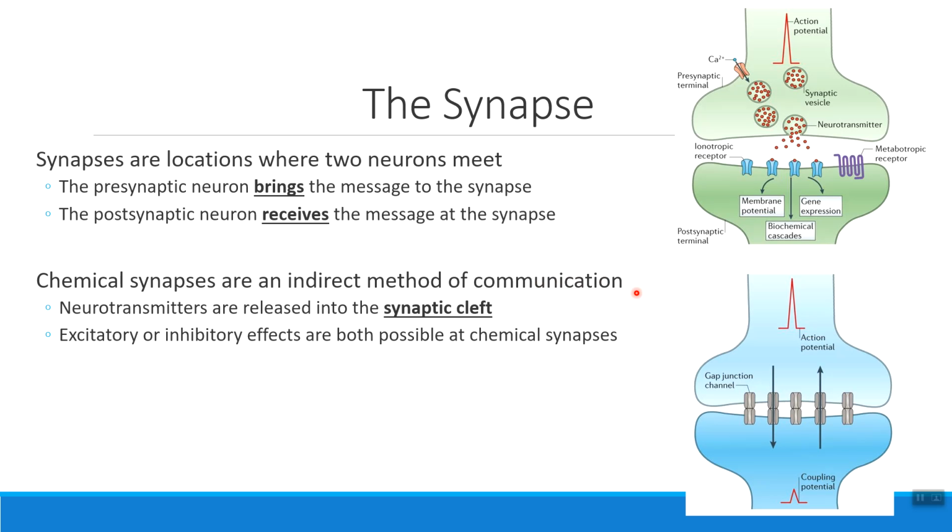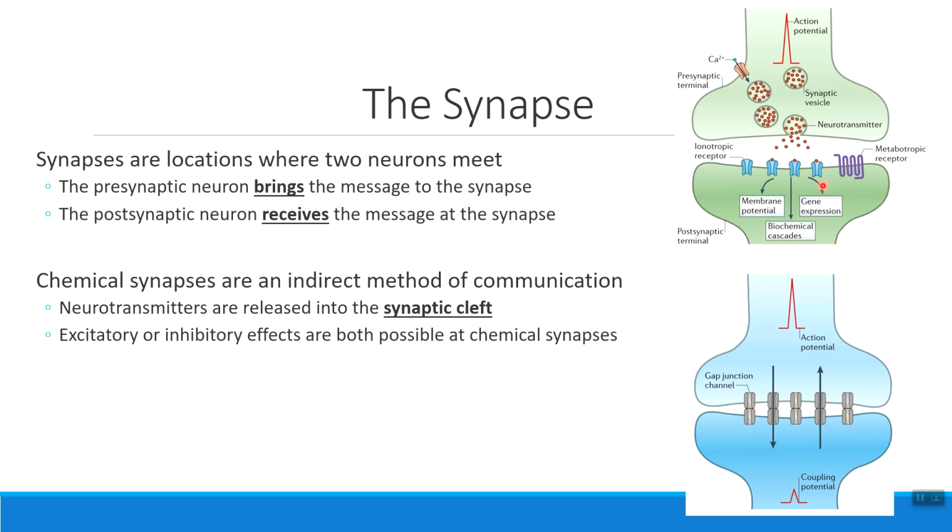We can give both excitatory and inhibitory effects at a chemical synapse. And I want to remind you from our previous video that some of our receptors for neurotransmitters are ionotropic. Remember that this means my neurotransmitter directly attaches to my ion channel, allowing me to change my charge right away.